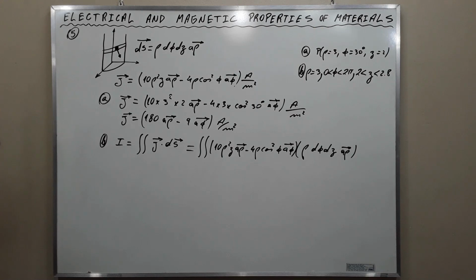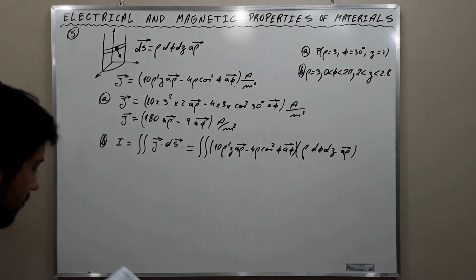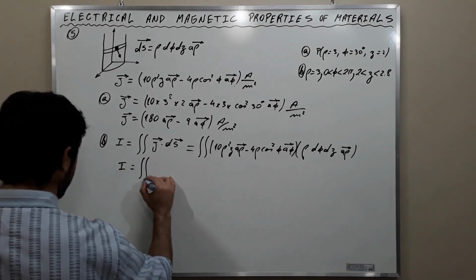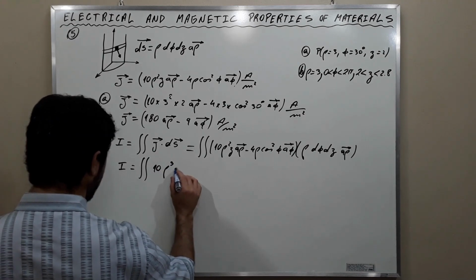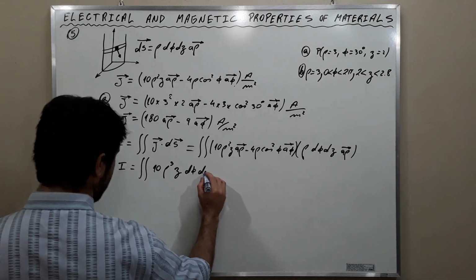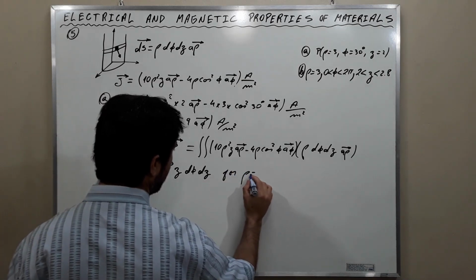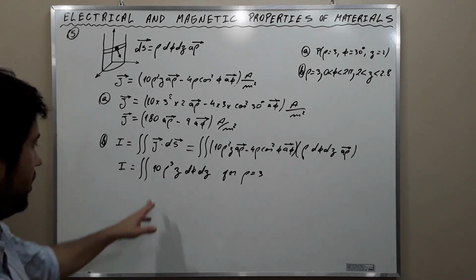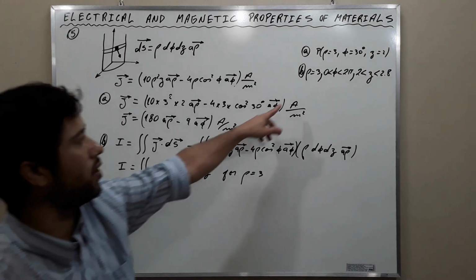And if we carry out this dot product, we find that I is equal to the double integral of 10 rho cubed z d phi dz, for rho equal to 3. We just need to solve this integral respecting the limits of integration.